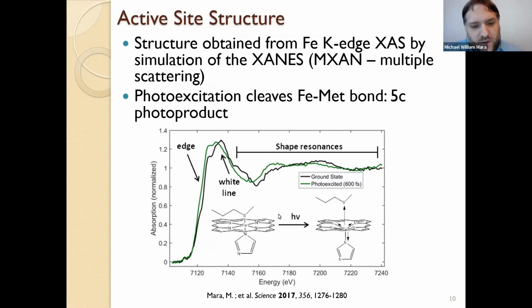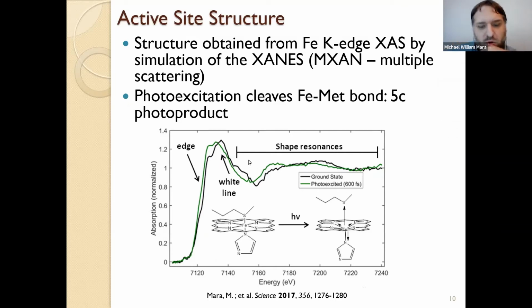So as we said, we expect upon photodissociation that we will lose the methionine ligand. This will also cause an increase in the axial histidine distance, as well as an increase in the iron to porphyrin nitrogen distances. And the increase in the equatorial bonds is expected to be a product both of heme core expansion, as well as propagation of the metal center out of the plane of the ring.